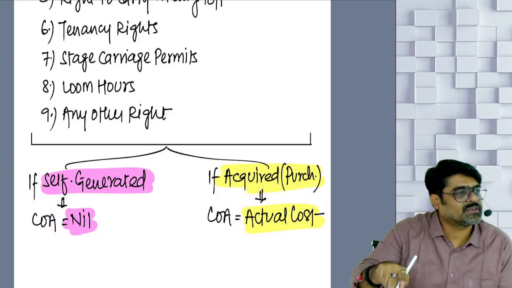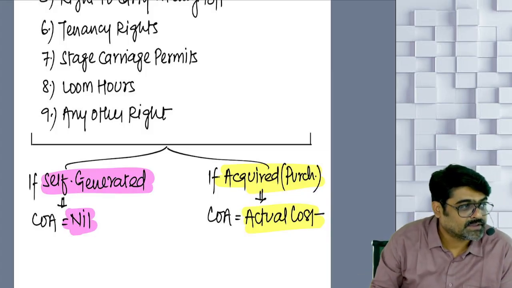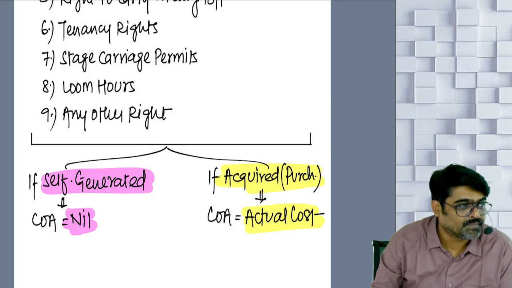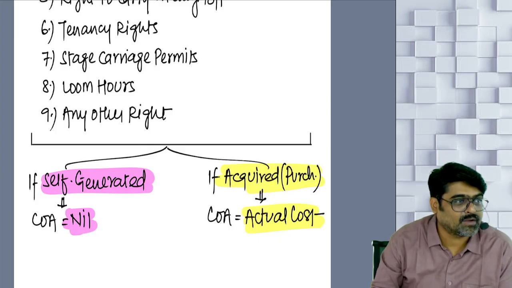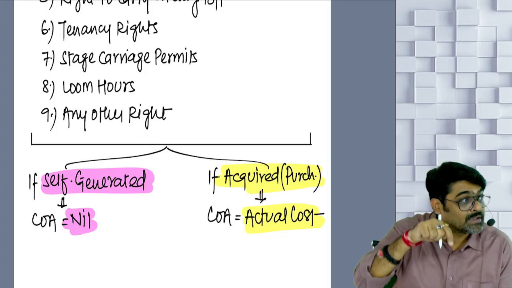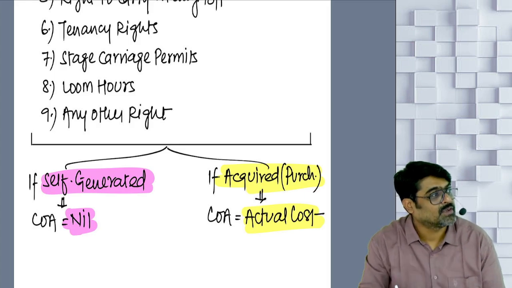But what if these assets are acquired or self-generated prior to 1st April 2001? Will you get that option to take the fair market value as on 1st April 2001? The option to take the fair market value as on 1st April 2001 is available for all assets other than those under 55(2)(a). For these assets, that option is not available.